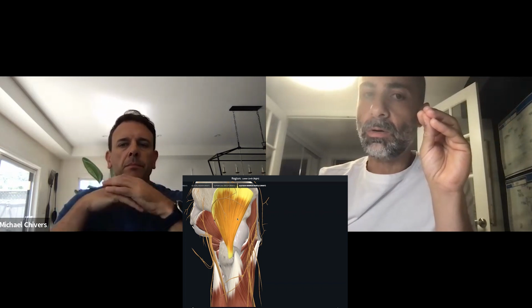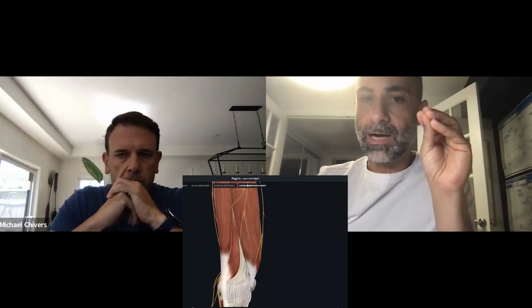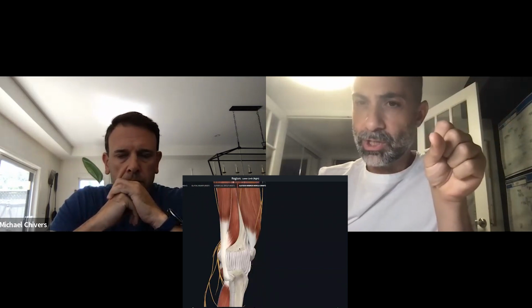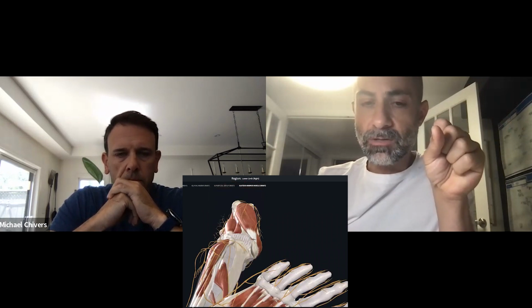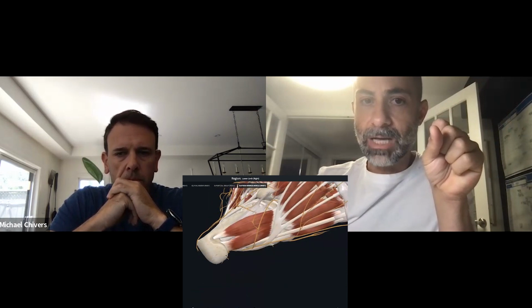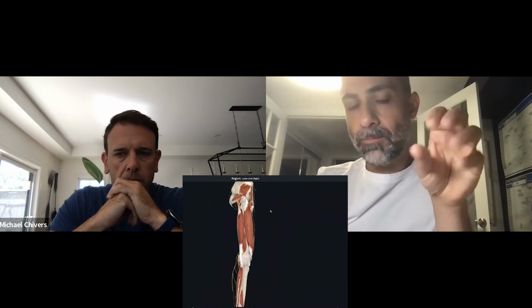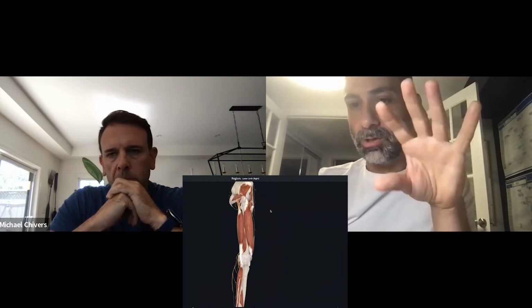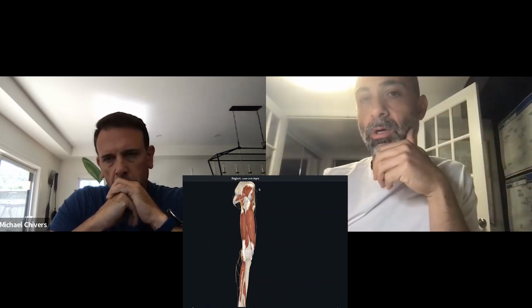And then they're going to go, oh, wait a minute. I'm starting to feel a reproduction of the pain in my lateral knee. And then if you hold that pressure in the gluteus minimus for a little bit longer, they go, oh, wait a minute. I'm now starting to feel that pain in my lateral ankle. And that's the key to diagnosing referral problems anywhere: palpate, but allow the pressure to sit for a while in order to generate these referral patterns.